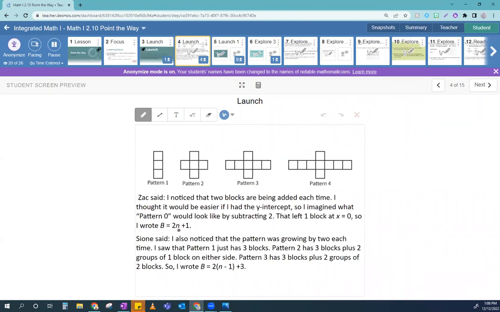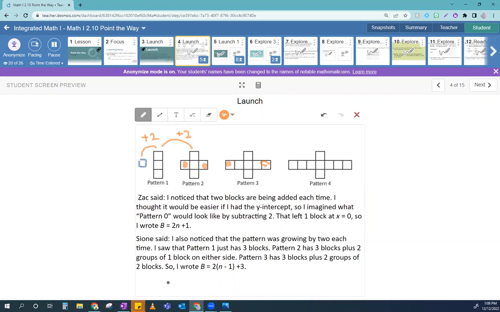The 1 is your starting point. It would be your original block for pattern 0, right? And the 2 is the growth. From here to here, we added 2. And then from here to here, again, we added 2. Here are the 2 that I saw added to the previous. And here, the 2 that I saw added were these 2 on the outside, and so forth.